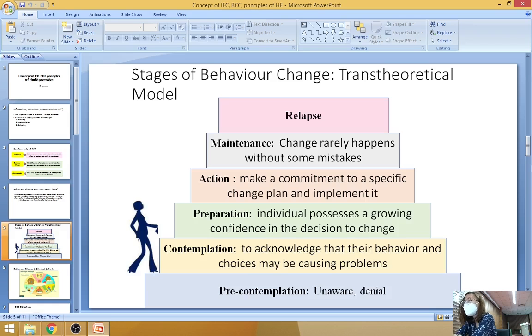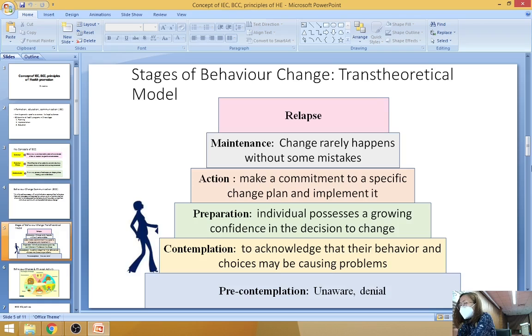In the pre-contemplation stage, a person is unaware of the behavior he is following, or is in a denial state. For example, a smoker is unaware that smoking is harmful for health, or is in denial that nothing will happen even if he smokes.